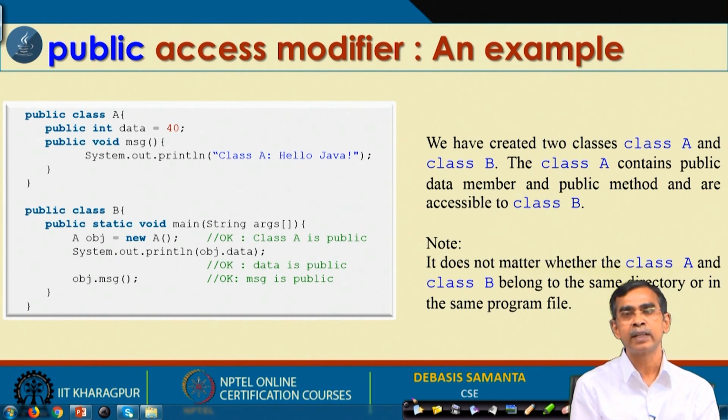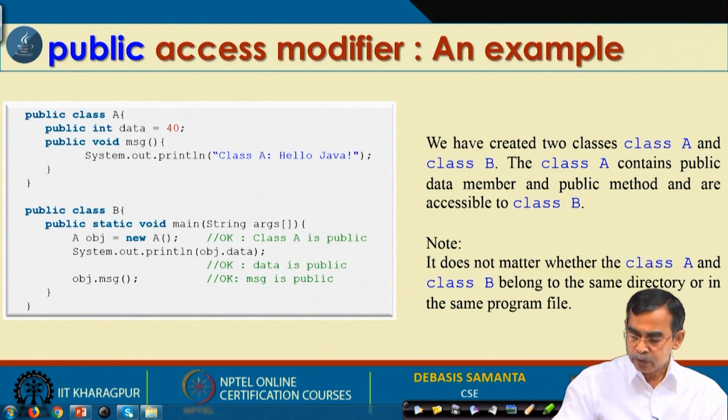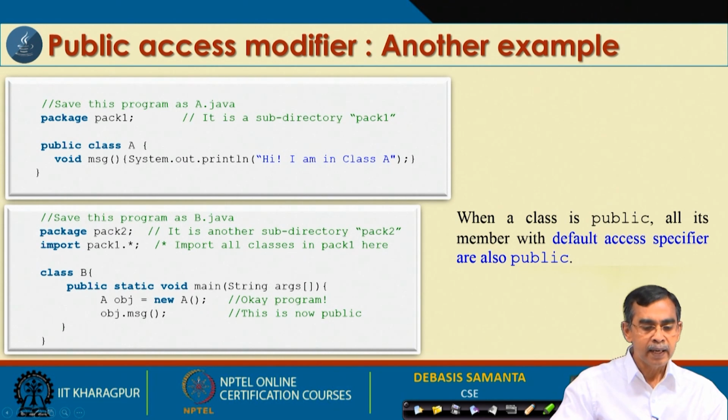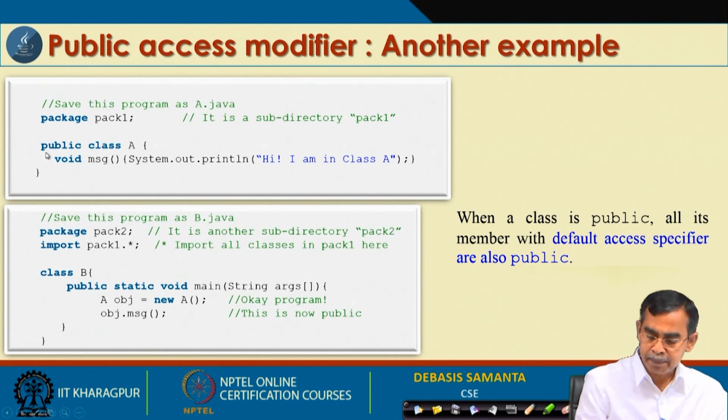So, in that case all those access modifications matter. If you store all the classes in one file, access modification does not matter too much, because it is public anyway. So, this is the concept of the public access modifier, and here is the same example you will be able to understand. Here we define class A as A.java in one subdirectory, and class B is saved in another subdirectory, and we make it public.